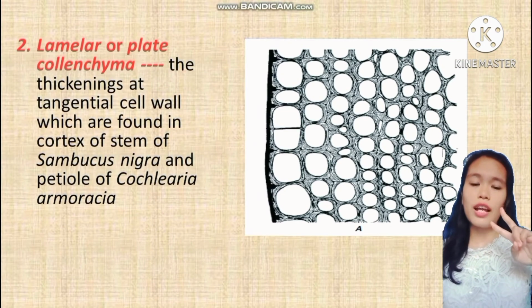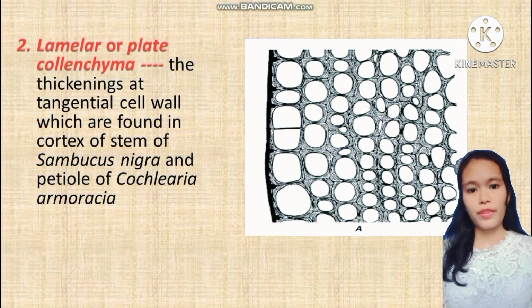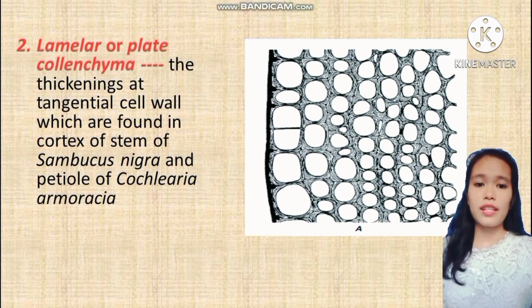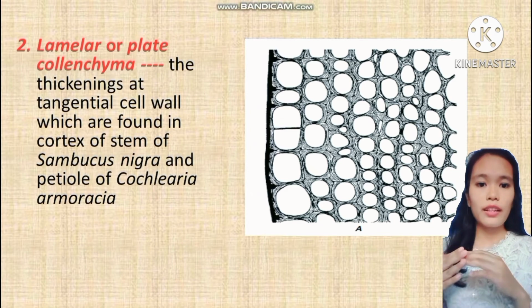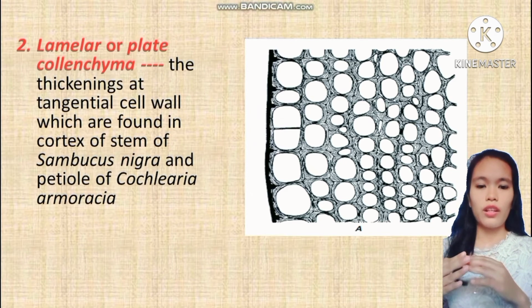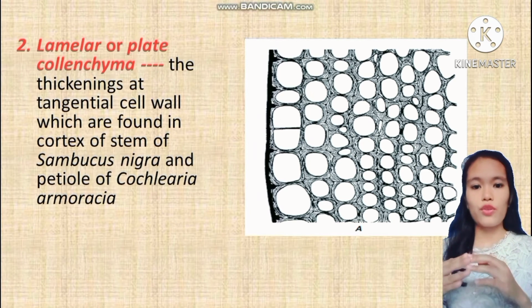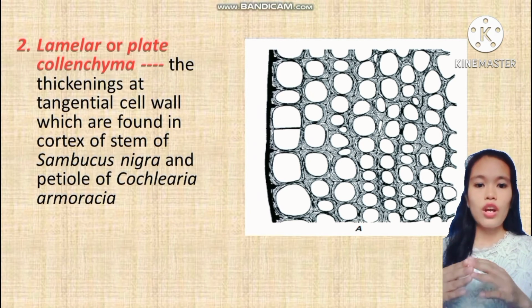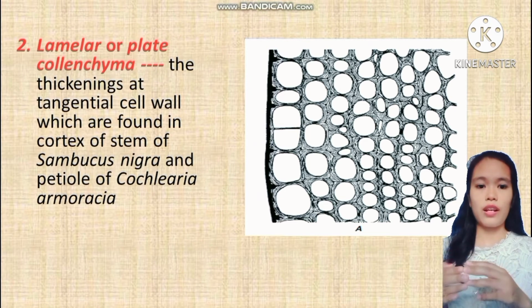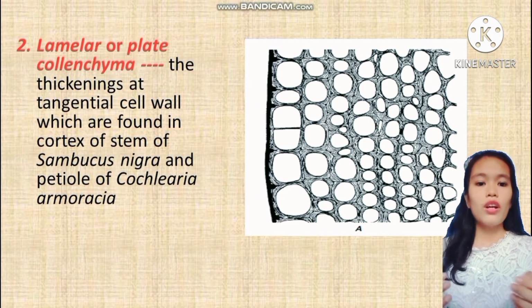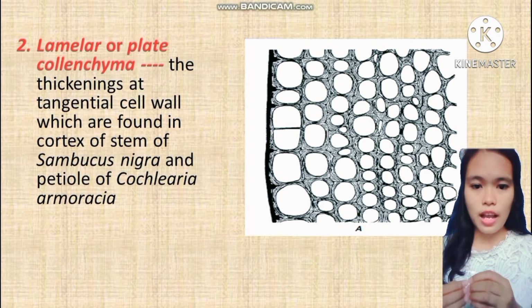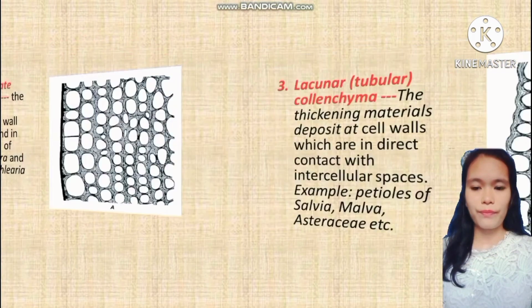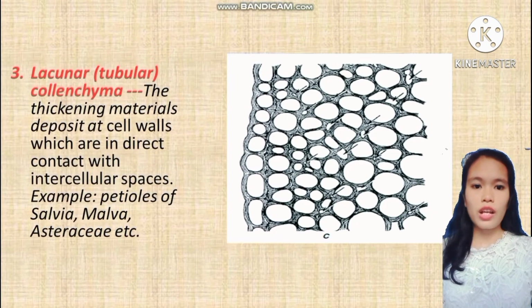Second, lamellar or plate collenchyma. The thickening is at the tangential cell wall, which is found in the cortex of the stem of Sambucus nigra and petiole of Armoracia. Third, lacunar or tubular collenchyma.